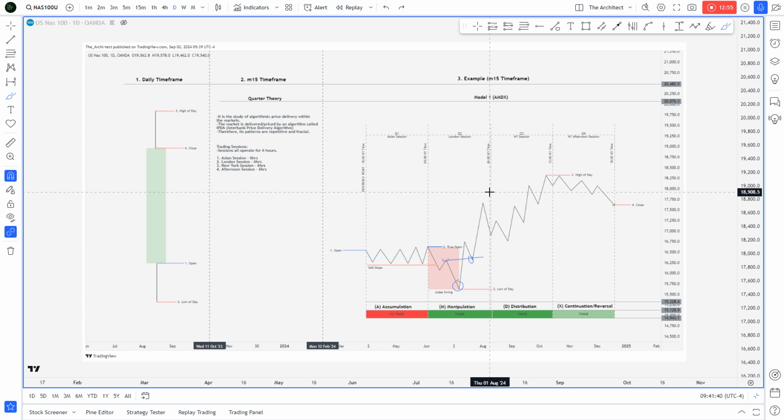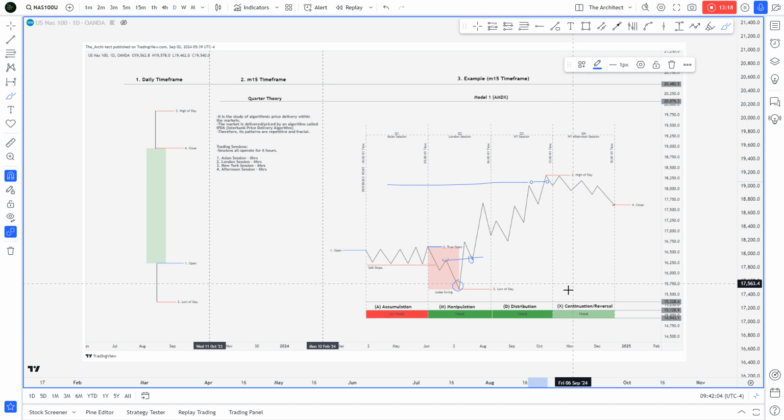So after that, the New York session steps in. What do you anticipate? Further bullishness towards the upside. You anticipate distribution towards the upside so as to set the high of the day. After the objective has been met, what will occur during the fourth quarter: if the objective hasn't been met, you'll get a continuation of price action. If it has been, then you'll get a reversal.